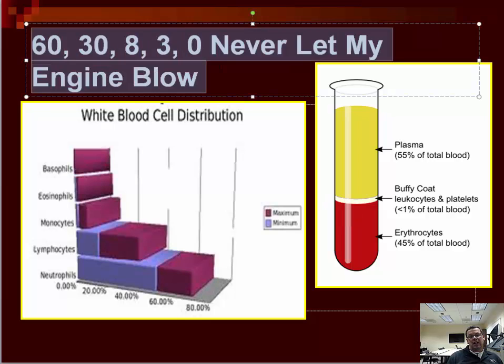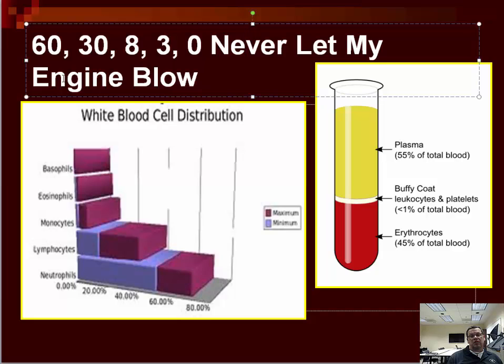The rhyme at the top of the screen, "Never let my engine blow," might be useful in helping to memorize blood cells from the most common to the least common and their relative numbers in percent: 60-38-30. The first letter of each word stands for neutrophil, lymphocyte, monocyte, eosinophil, and basophil. The hemocytoblast is a blood-forming stem cell.